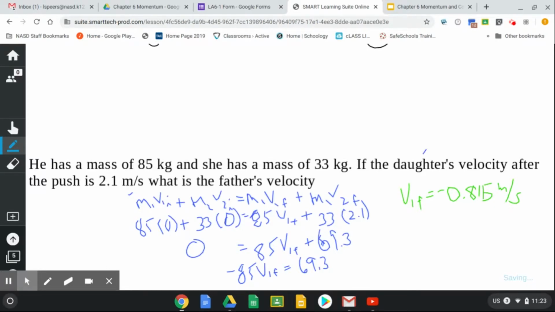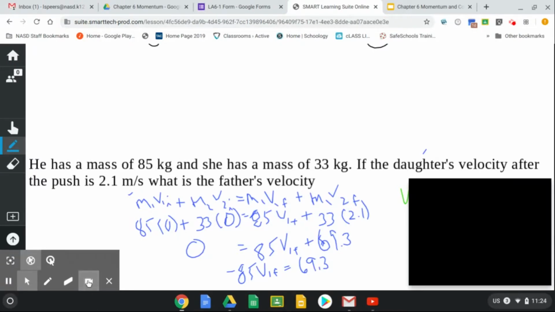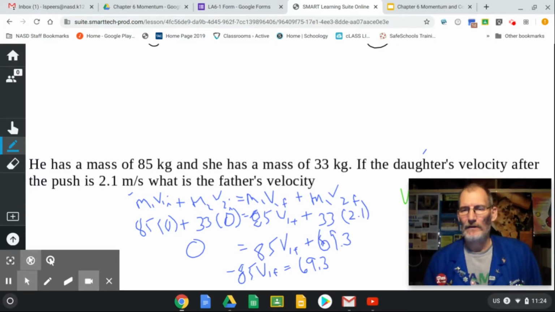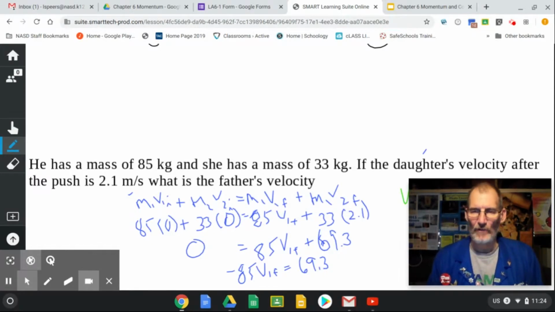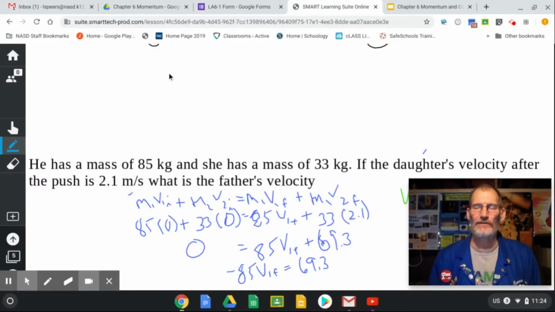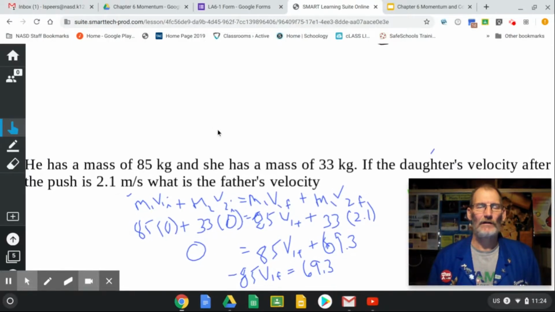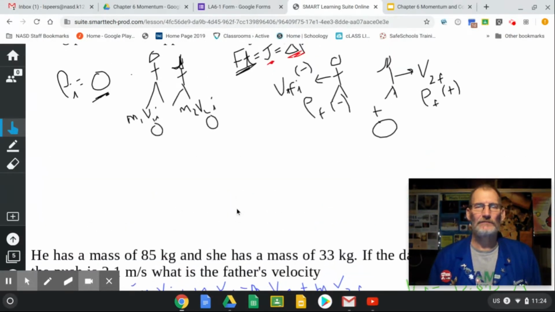Okay, so again, this all ties back together with what we've been talking about in last chapter and the chapter before, where the force acting on an object, what's the force do? Create an acceleration, a change in velocity. The force that the father puts on the daughter is the same as the force of the daughter on the father, right?